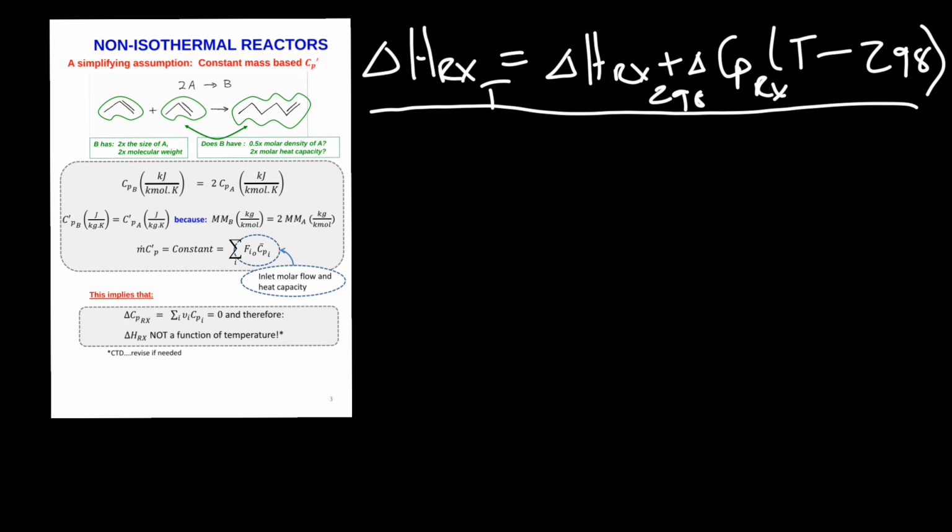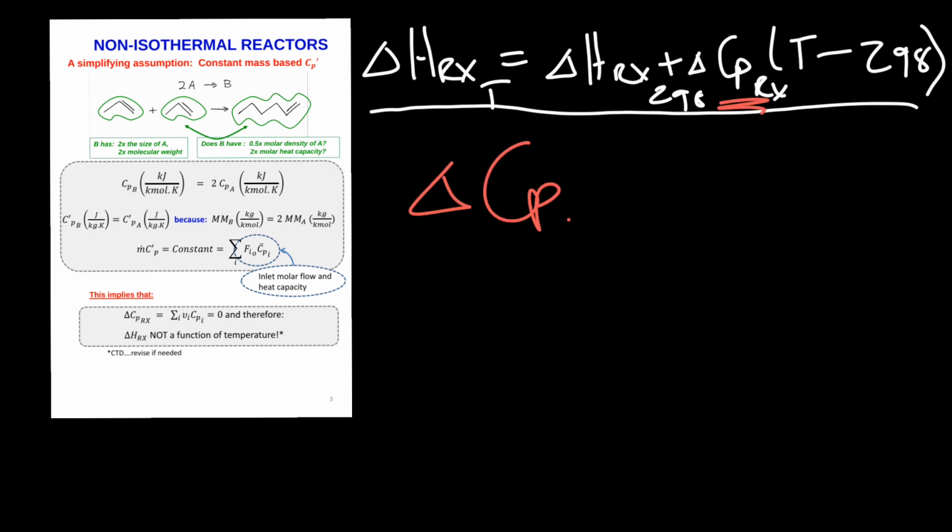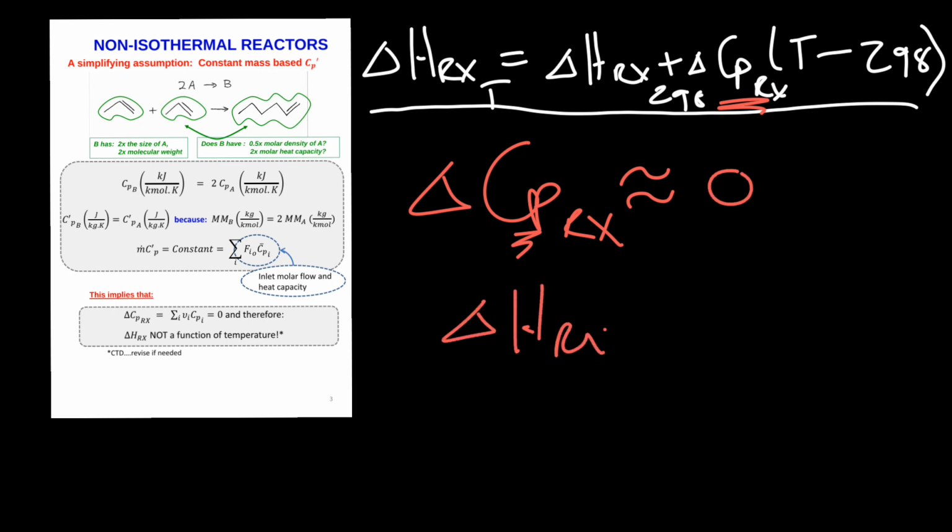Another simplifying assumption that we are going to apply in the first few slides is the fact that for many reactions, this del Cp value, the change in heat capacity due to the reaction, is pretty much equal to 0, especially when we compare it to the size of del H reaction. Yes, we might get a value of 20 joules per mole Kelvin or even 50 joules per mole Kelvin.